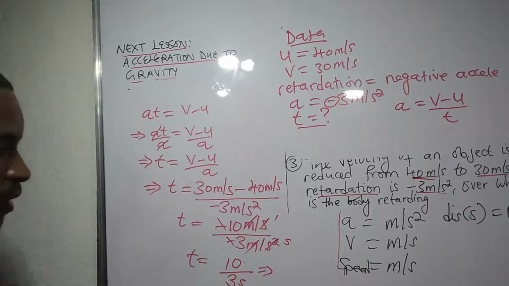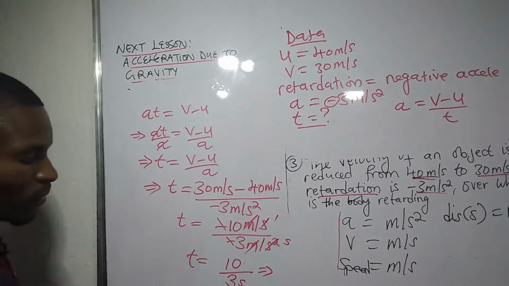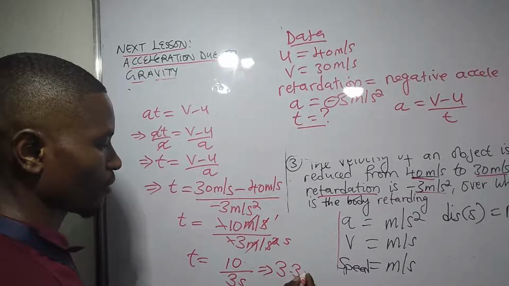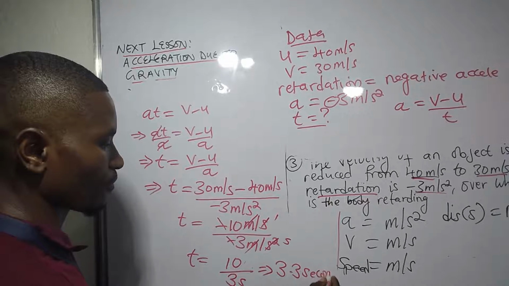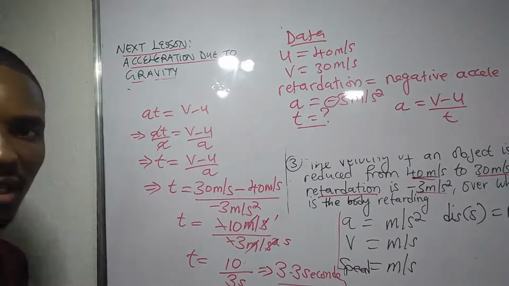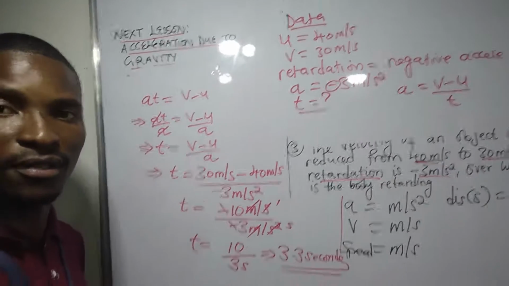When you divide this, you get 3.3 seconds. Just check that that is the answer you've gotten, 3.3 seconds.